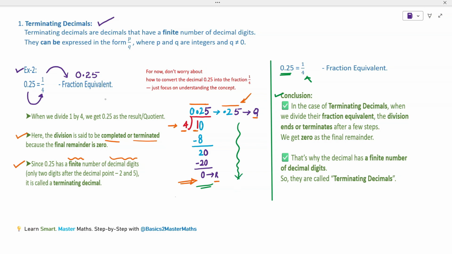And also we get 0 as the final remainder. That is why the decimal has a finite number of decimal digits. So they are called terminating decimals. Got it?